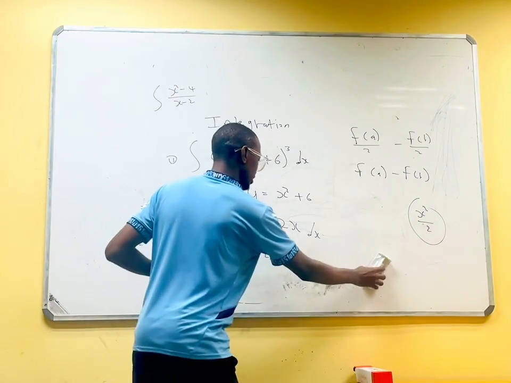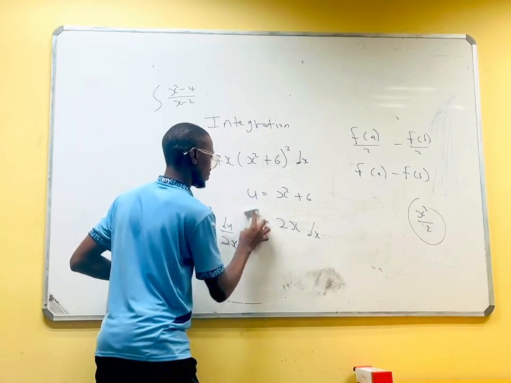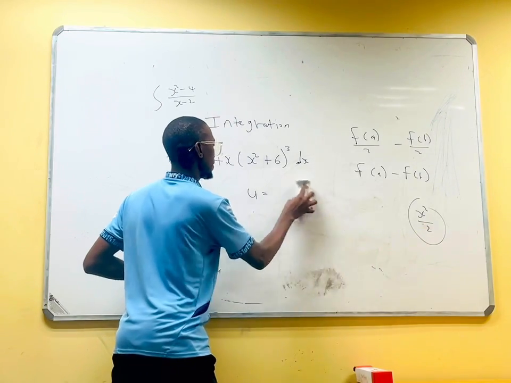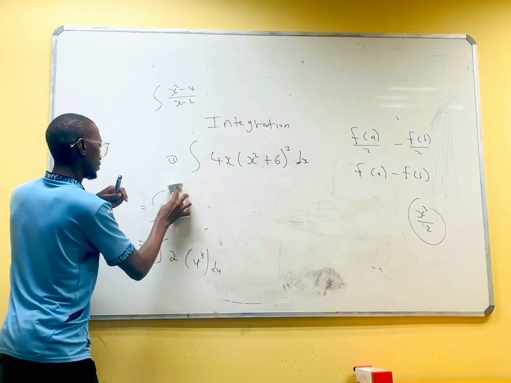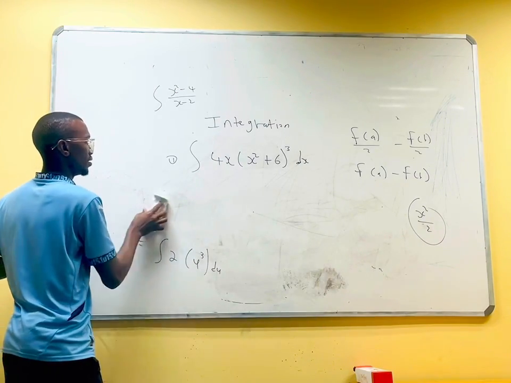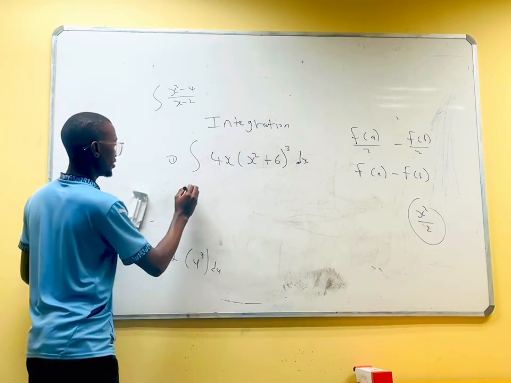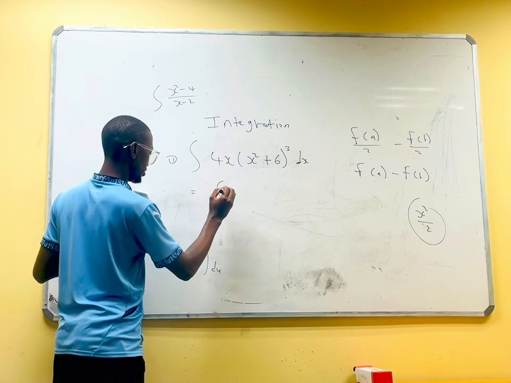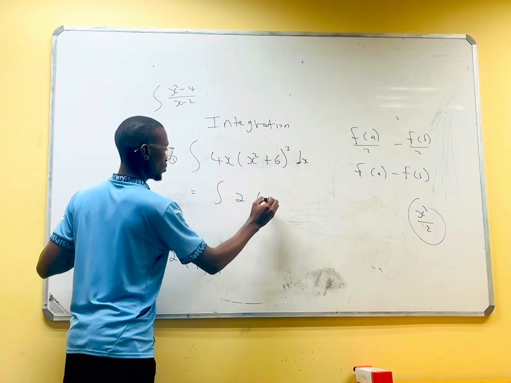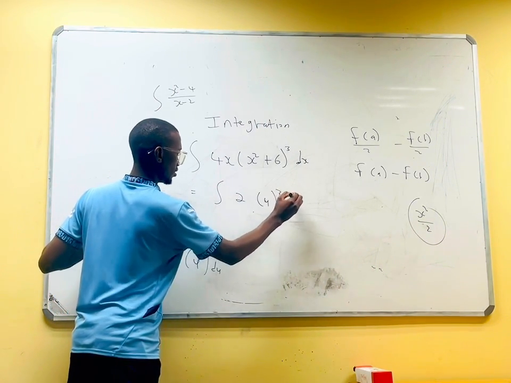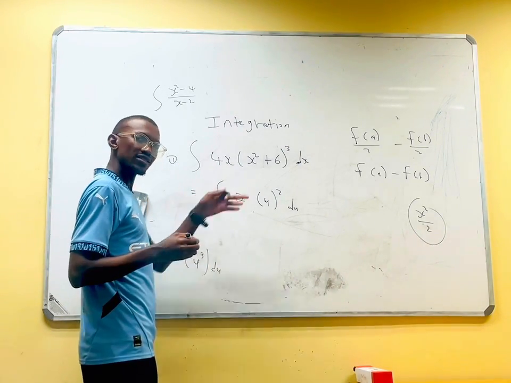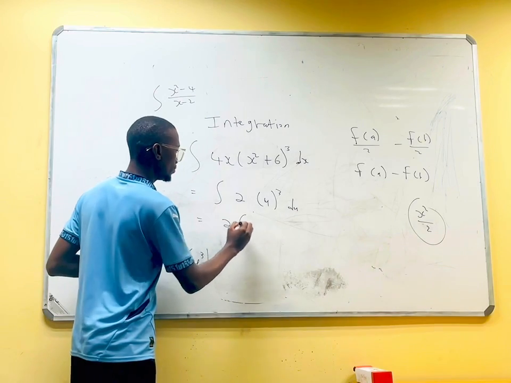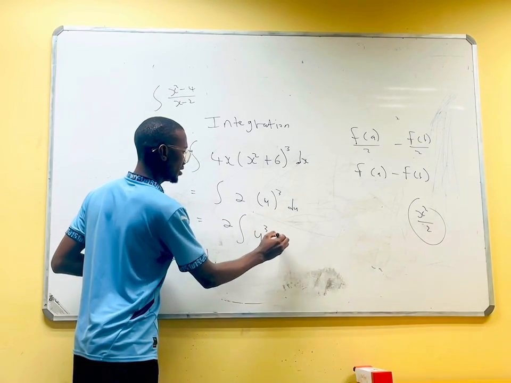Now let me show you something interesting from there. So I can take this guy here so that we can be sorted nicely. So this is what we had. Okay, then now you can take the 2, it's a constant, take it outside. So you're going to have 2, and then you're left with u to the power 3 du.